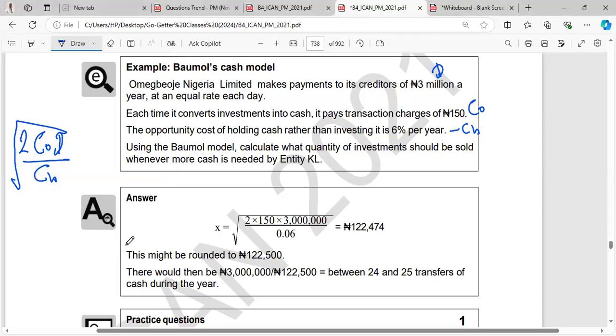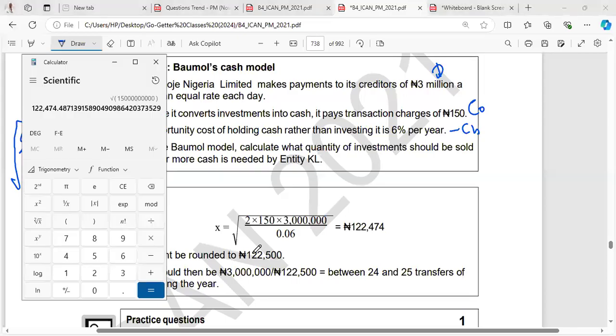If you round it to 122,500, how many transfers do we need to do during the year? Anytime you want to raise cash, you raise 122,500. If you raise 122,500 each time you sell an investment, how many times will you sell?